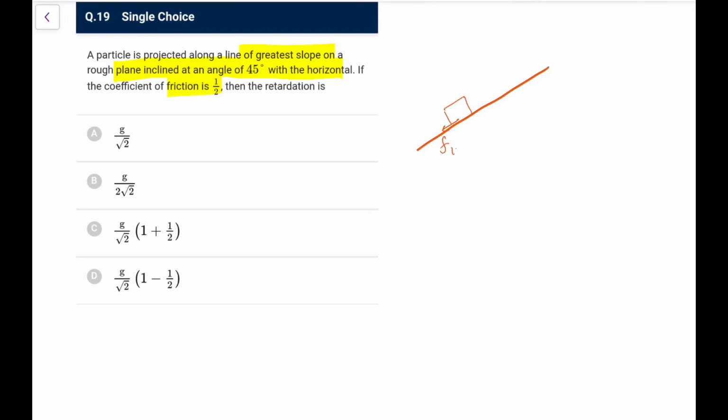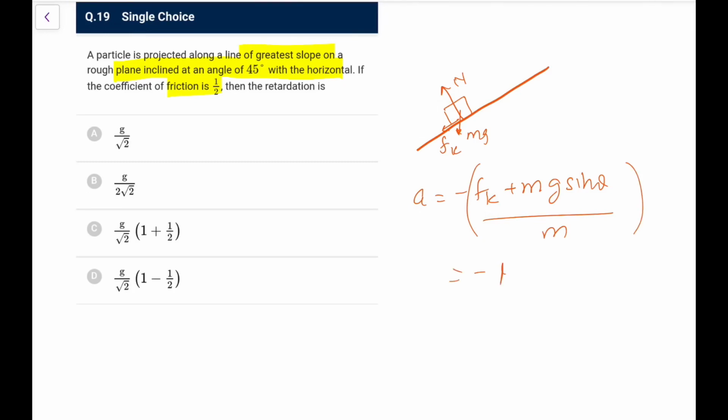So because it is going up, friction acts down, mg acts down like this, vertical down, this is N. So simply what we'll have, acceleration would be minus fk plus mg sin theta upon m, and fk is mu k N and N is mg cos theta, so that will come out as, if I solve it, mu k g cos theta plus g sin theta, that is the acceleration negative.